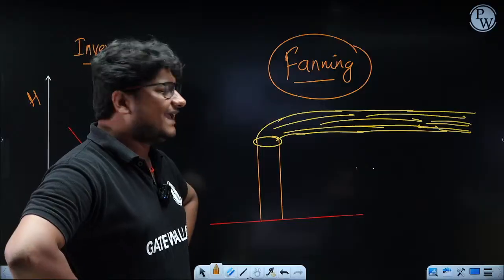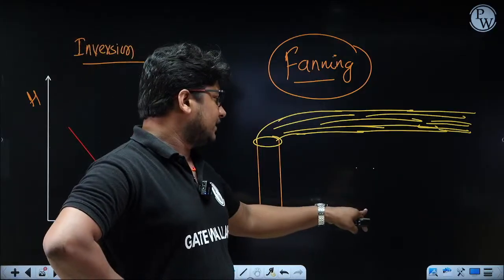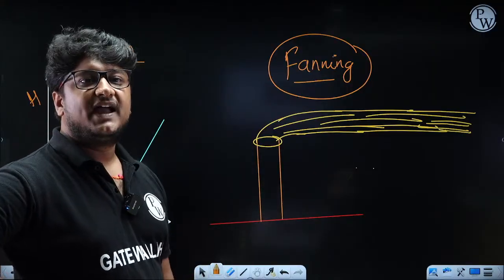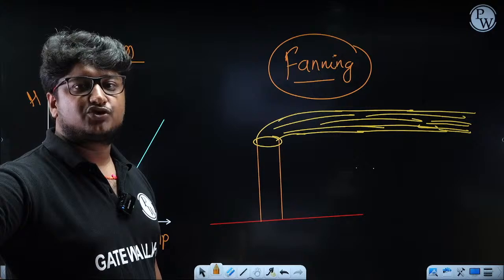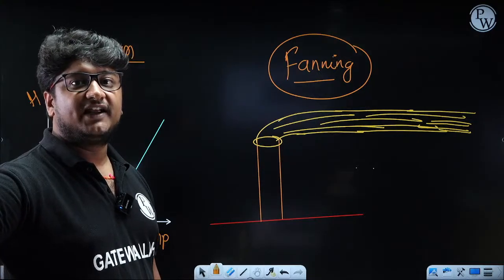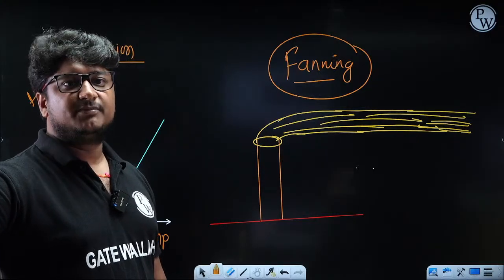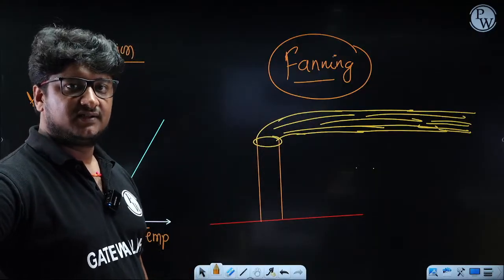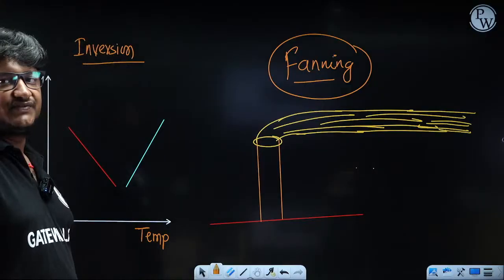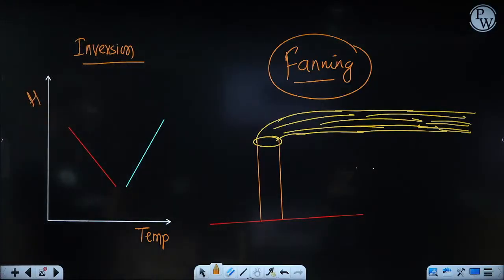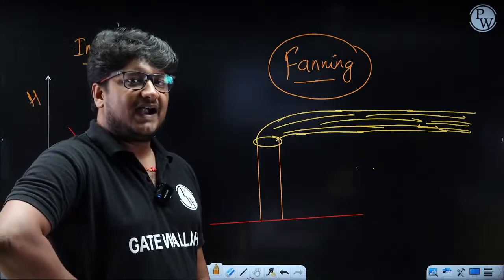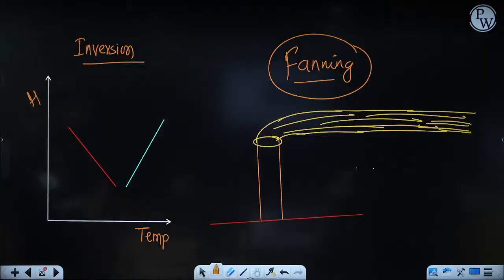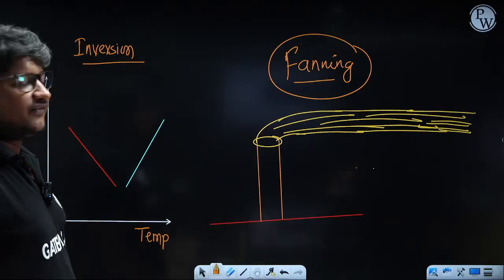So in a fanning case, even though there is less exposure for people on the ground, still you are not solving the actual problem. The problem is you want the pollutant to disperse and dilute in the best possible way. That is something you are not able to do in the case of fanning. Clear? So this case is not the best case for us. I will even say it is one of the bad cases, because your pollutant is not getting diluted and dispersed in the vertical layer of atmosphere.